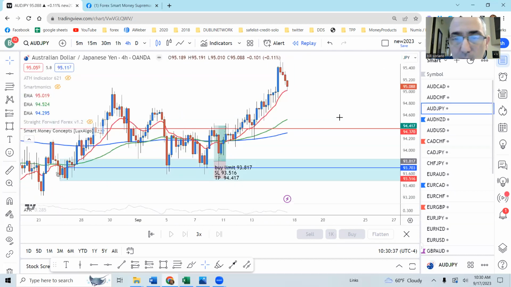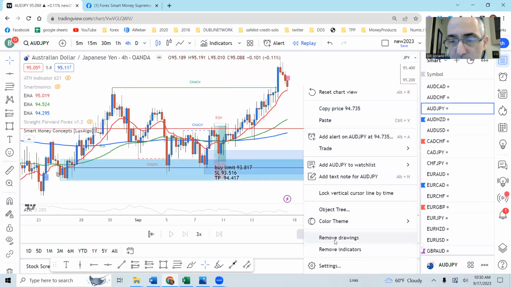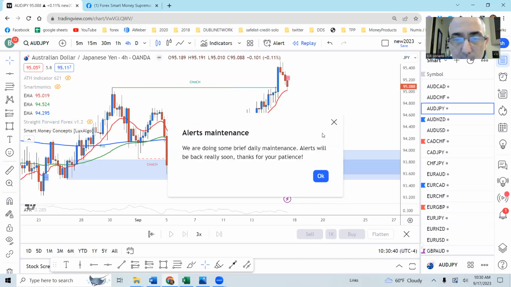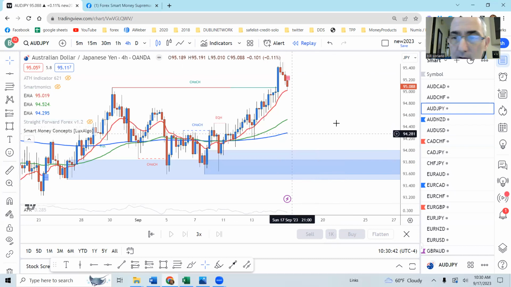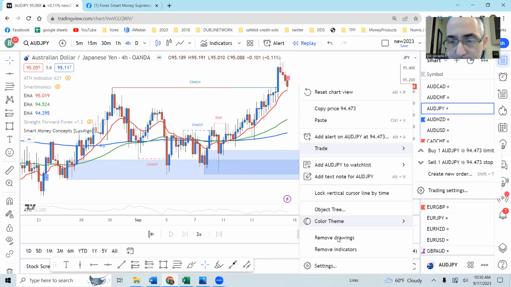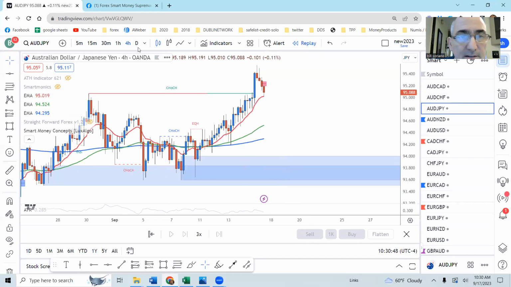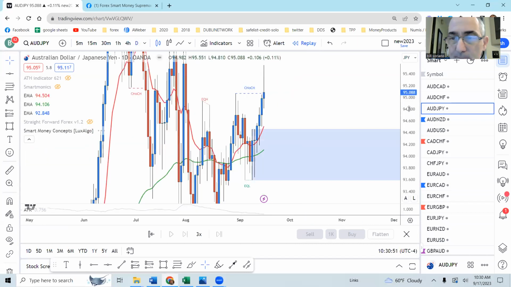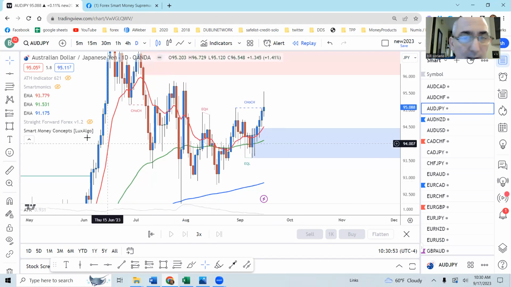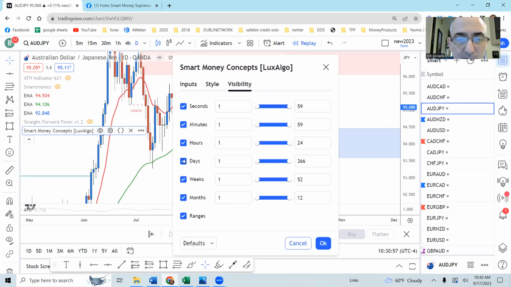AUDJPY. So this one, we're going to just start from the beginning here. Remove all the drawings on this. If we go to the daily chart, and that's one thing here, this indicator, we don't need this to show up on the daily chart.